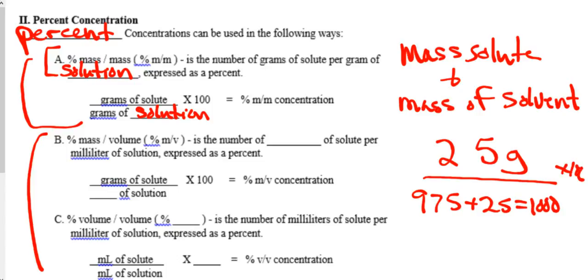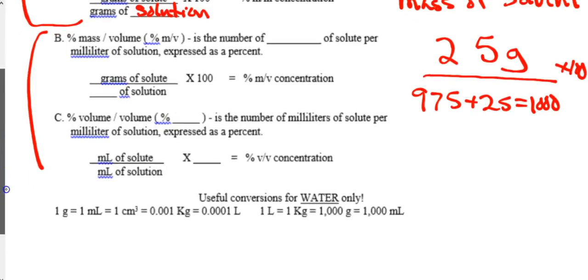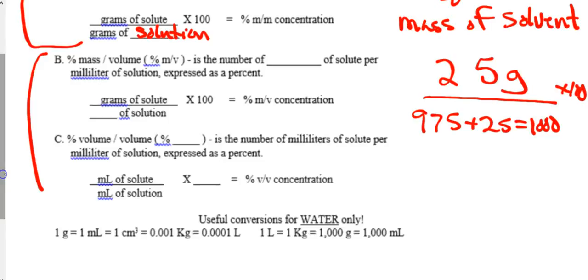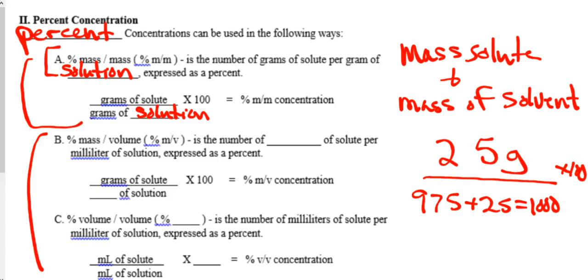And you multiply by 100. Oh, it's 2.5. The answer to number 1 is 2.5%.